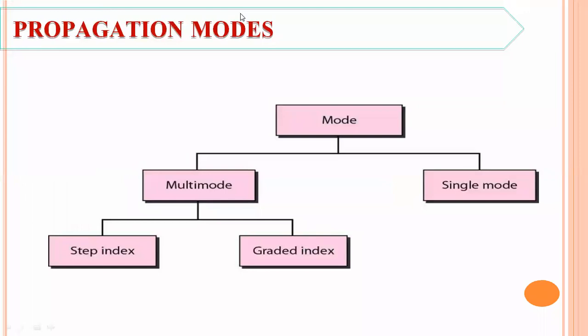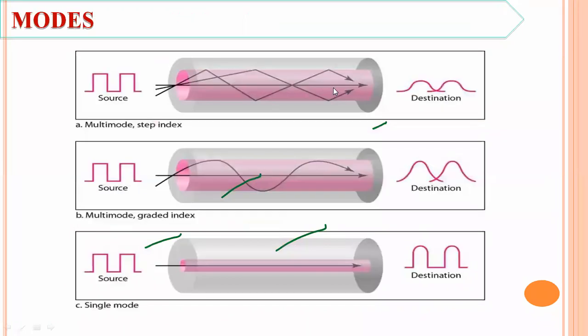Then propagation modes are there. First is single mode. Multi-mode we have step index and graded index. The source is sending the signals to the destination. With multimode step index, the data travels from source to destination at different critical angles.